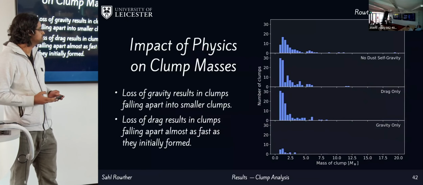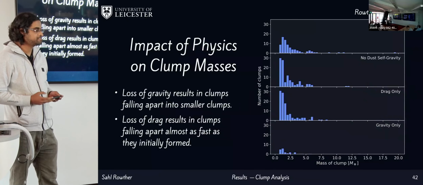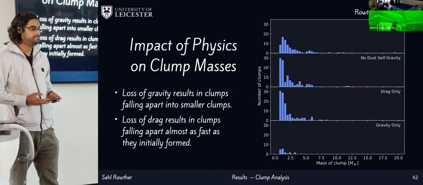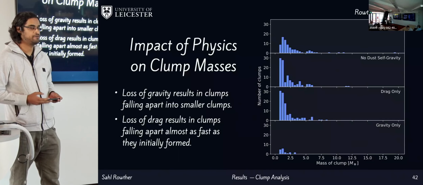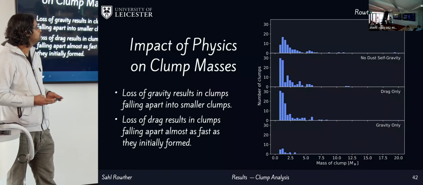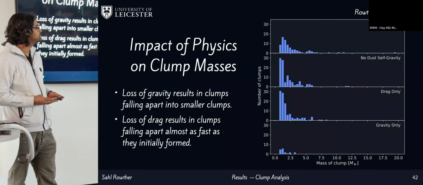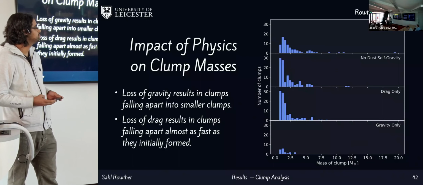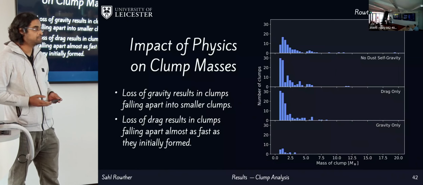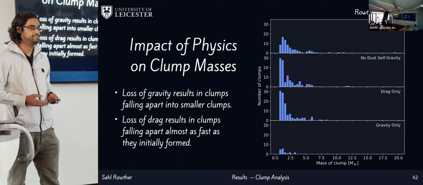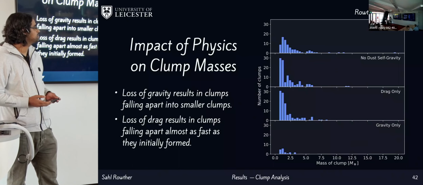So this plot here shows a histogram of the clump masses at the final snapshot. With full physics, we can see that at least half of the clumps are between 1 to 3 Earth masses, but there are a few clumps which are larger than 8 to 10 Earth masses, which is the threshold for runaway accretion to occur.